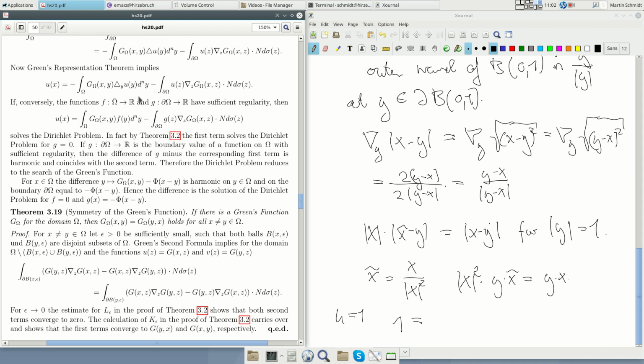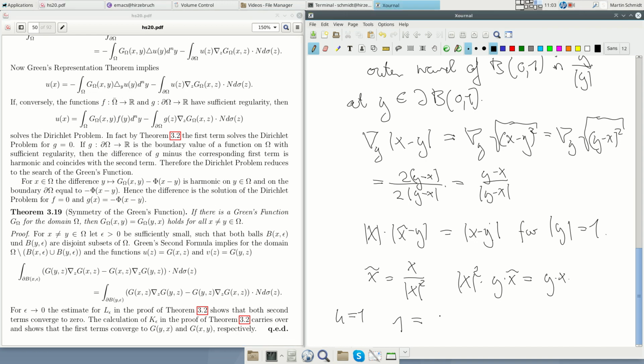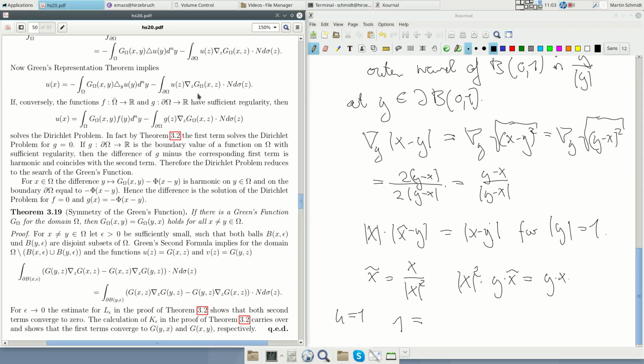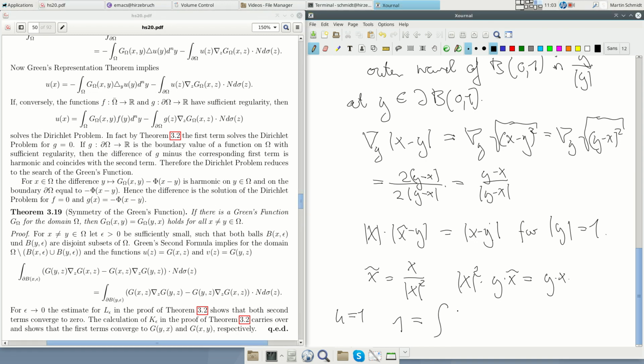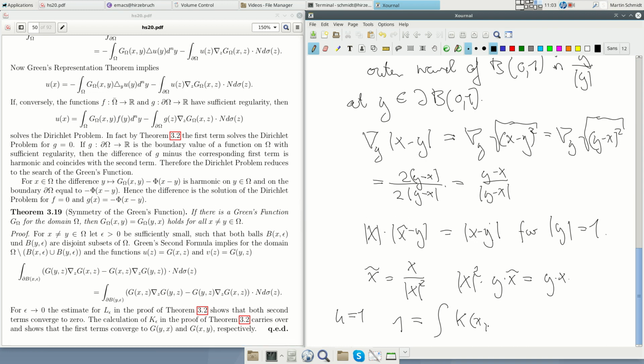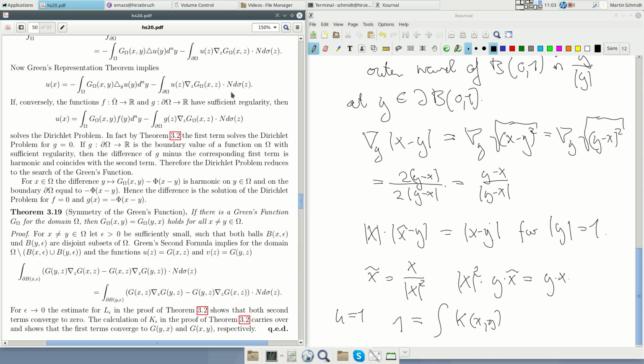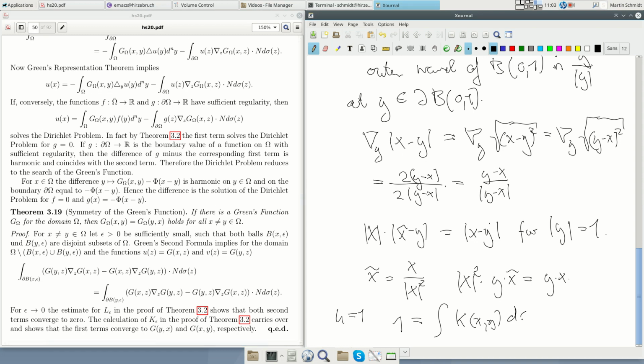So this is equal to, and this we call k. So we recall this, with the minus, equals the integral of 1 times k of x, y, and this scalar product is already k by definition, with this minus d sigma of y.